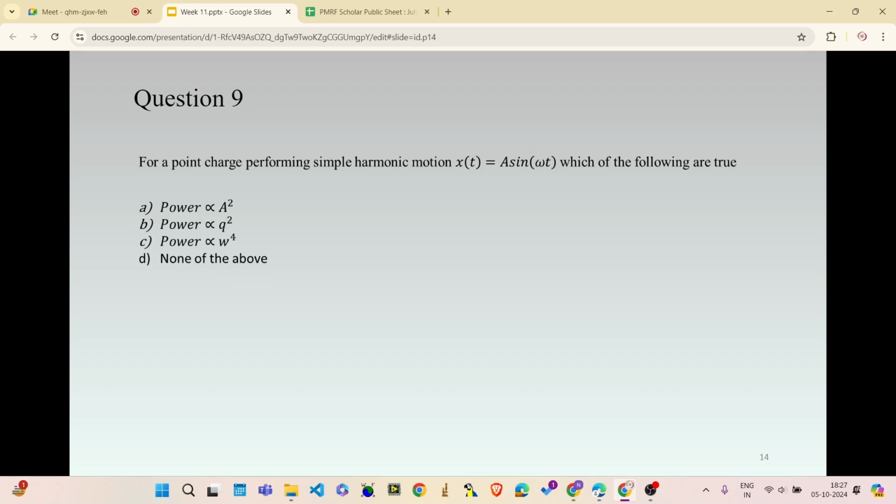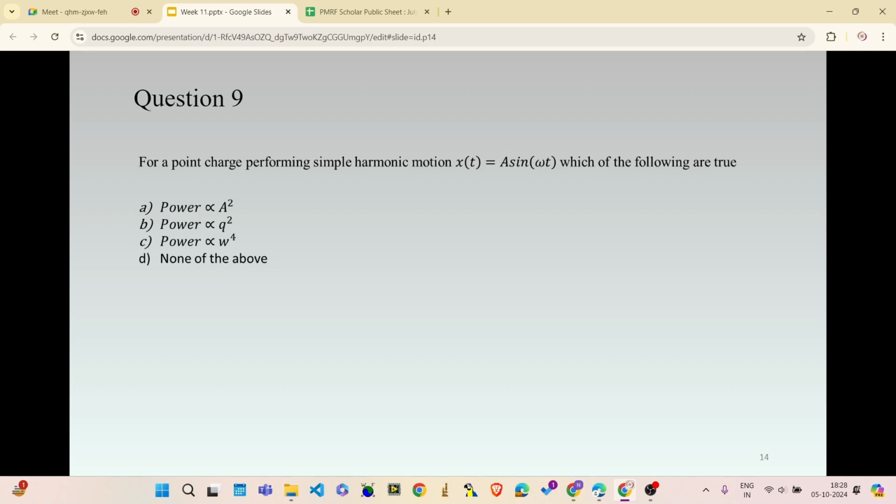Now for the acceleration a(t), we have to calculate dv(t) over dt, and that will be minus a sine omega t into omega square, right? So this is the acceleration. Now what you can do, you can put it back in this equation here.